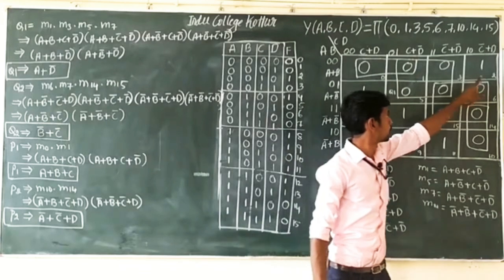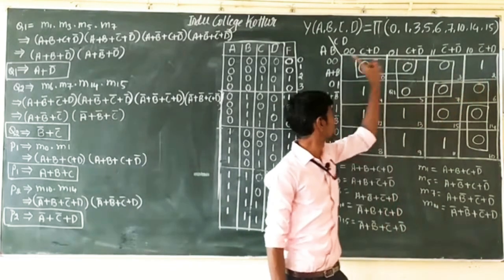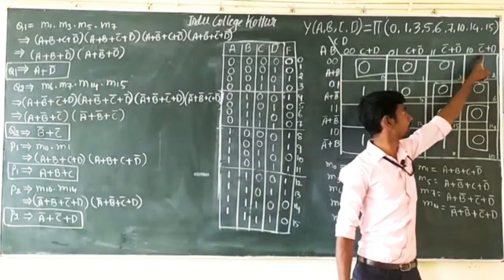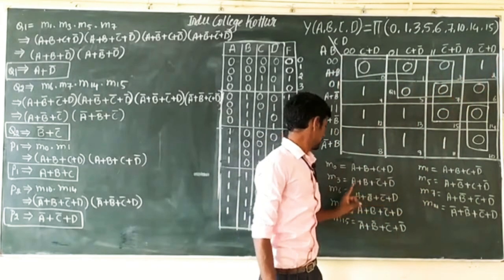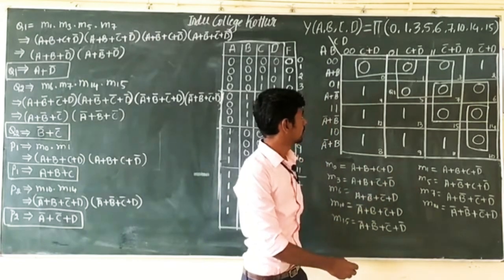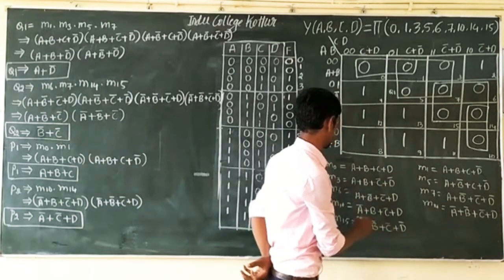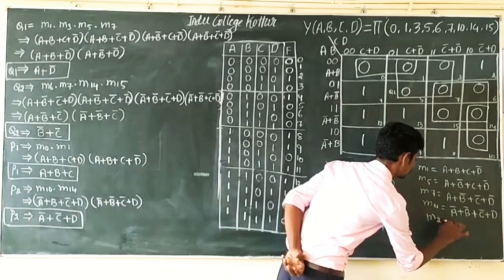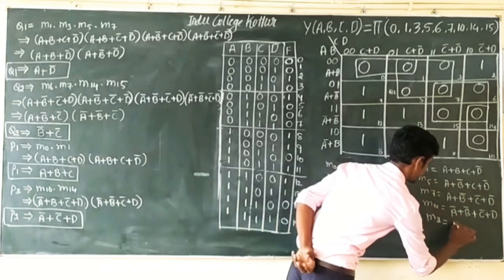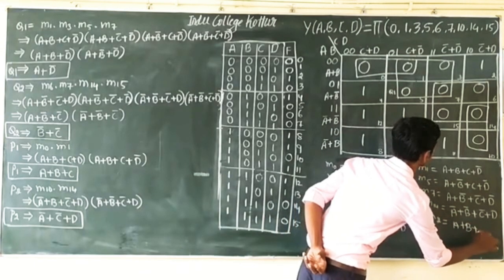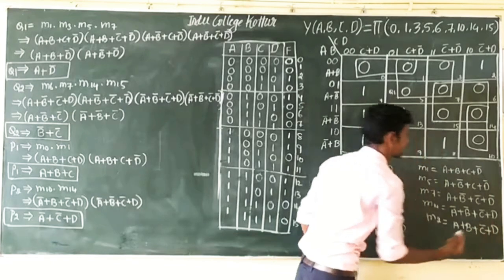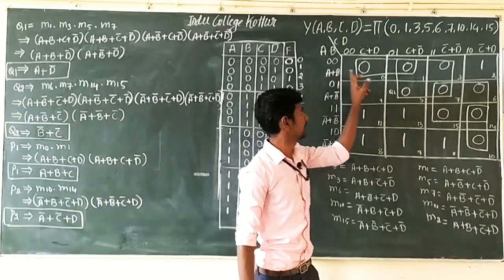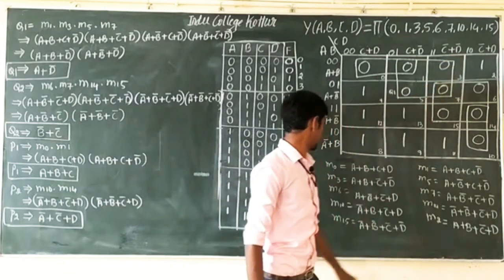Next, M2 value. M2 means first row, last column. It means A plus B, C bar plus D. M2 is A plus B plus C bar plus D. Next, M3 value. M3 means A plus B, C bar plus D bar.